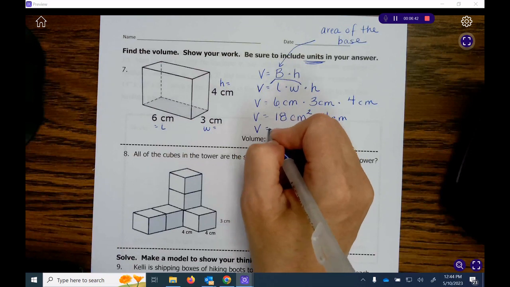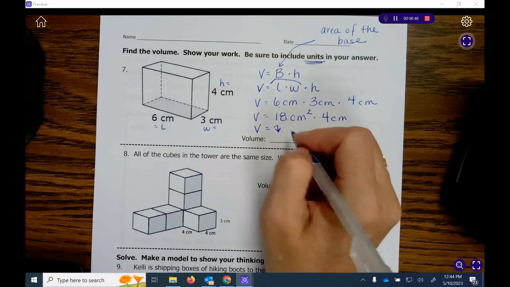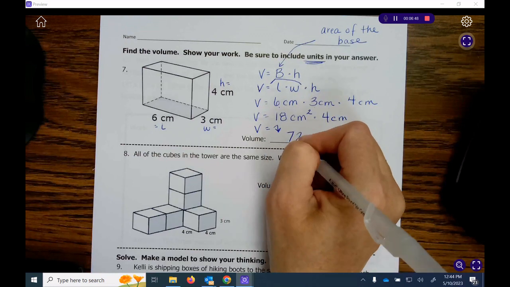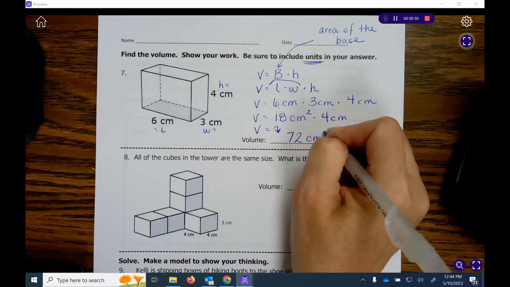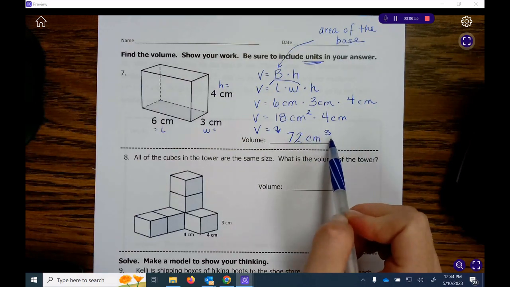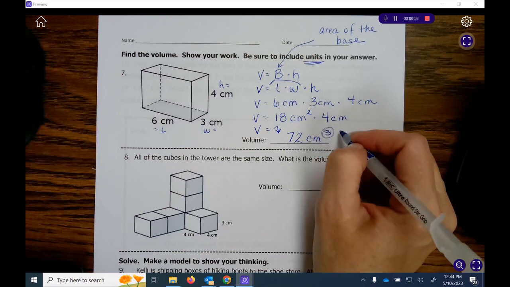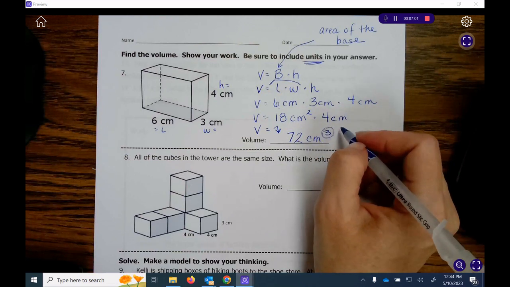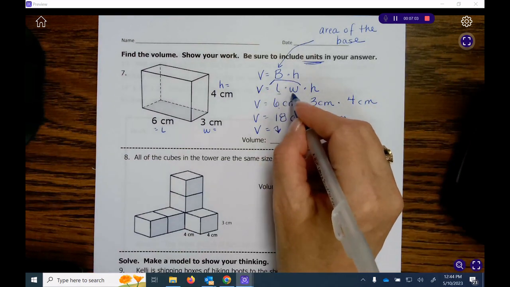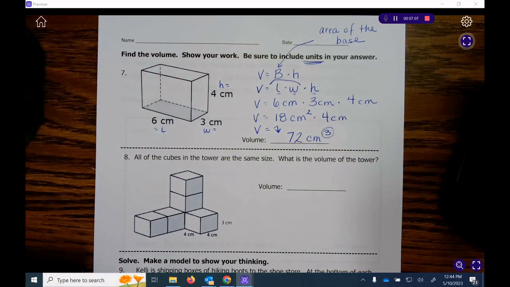So volume equals 72 centimeters cubed, because centimeters squared times centimeters is centimeters cubed. And 3 here means 3 dimensions, and those dimensions are length, width, height. So that's why we have the 3 there.